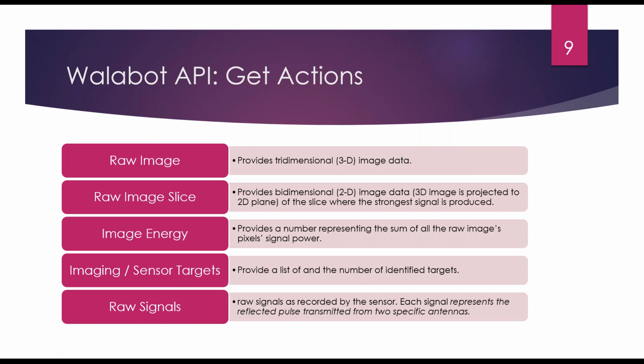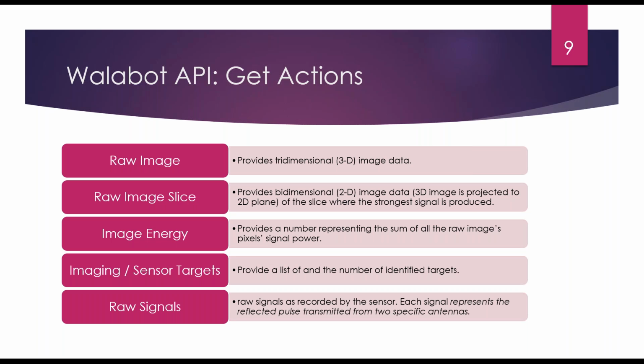It can show you very specifically how a pipe looks in a wall, or how a human being looks inside the room. I believe most of you would like to use the raw image and analyze it yourself. If you know any image processing algorithms and stuff like that, that is the place to use it.